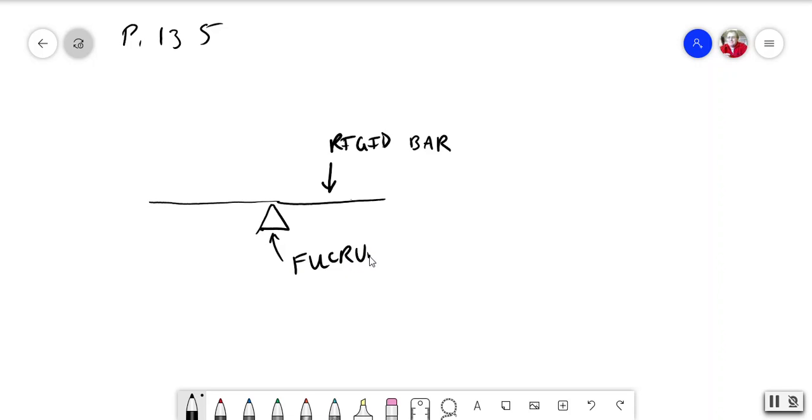And the example they're giving here is a seesaw. When I was a kid, we called them a teeter-totter. Same thing.